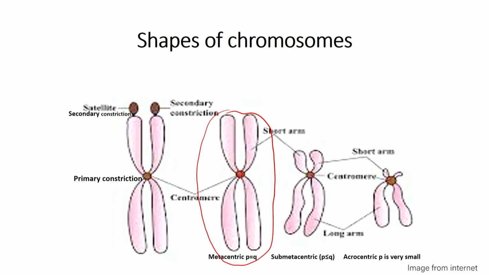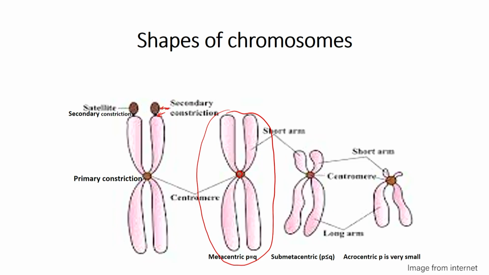In some of the chromosomes, not all, there can be another constriction. Such a region is known as the secondary constriction. So some of the chromosomes contain secondary constriction.